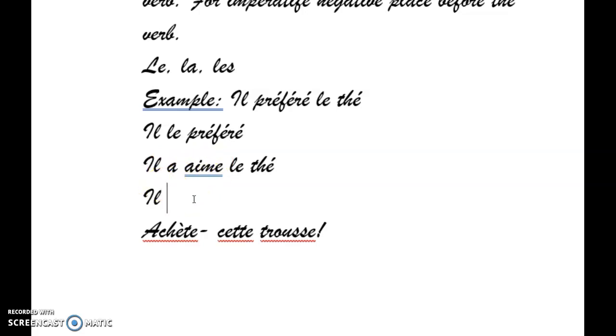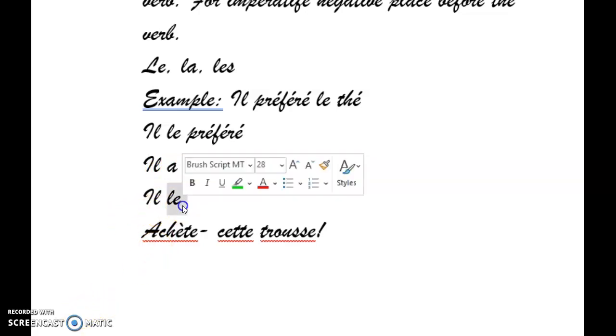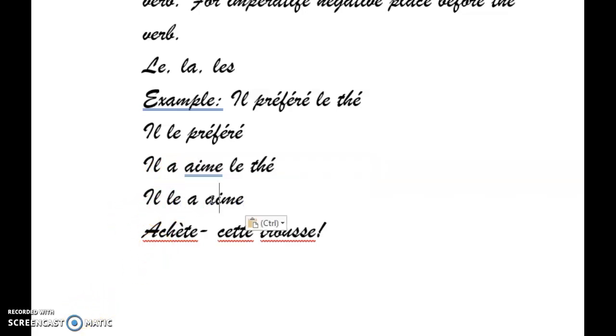So we will write le. The reason we are writing le is because été is masculine. If it was feminine, we'd write la. If it is plural, we'd write les. After le is supposed to come a, and we will continue writing aimé. Let's move to the next sentence.